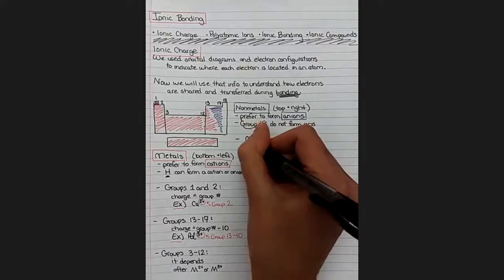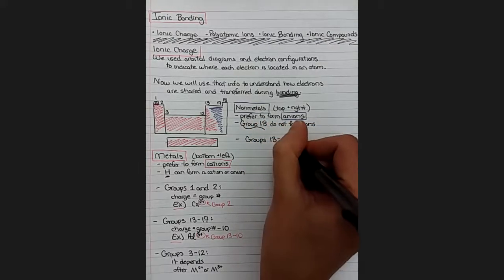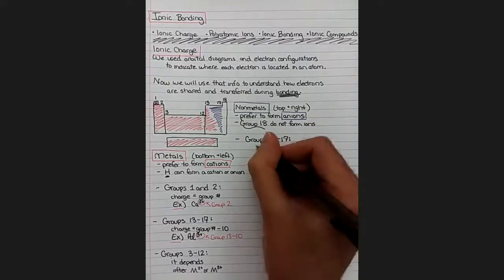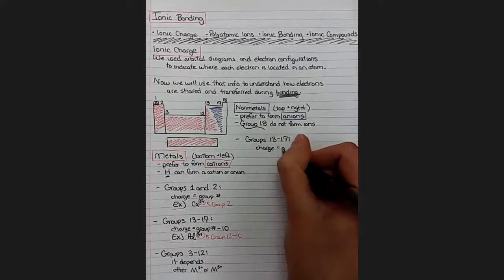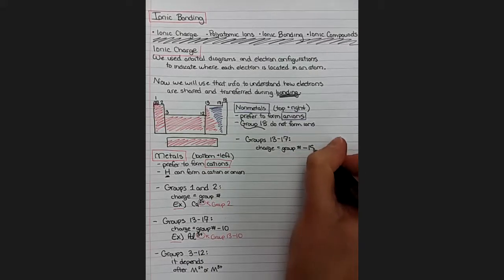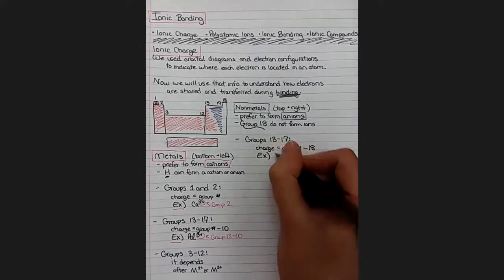There's only one rule for this side, because all the nonmetals are in the P block. And to find the charge for these groups, we are going to take the group number minus 18, because we're anticipating getting a negative charge.